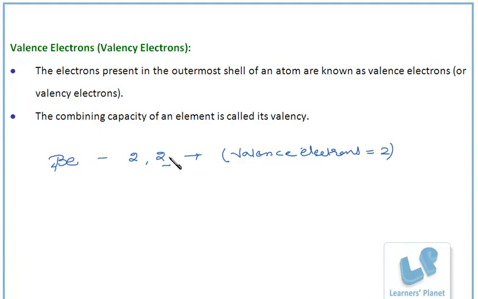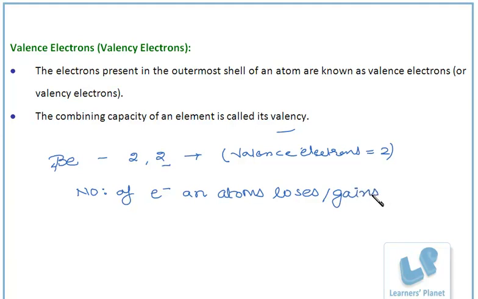Now students, there is another thing, that is valency. What is valency? The combining capacity of an element is called its valency. Combining capacity means the number of electrons an atom loses or gains or shares to form a compound.